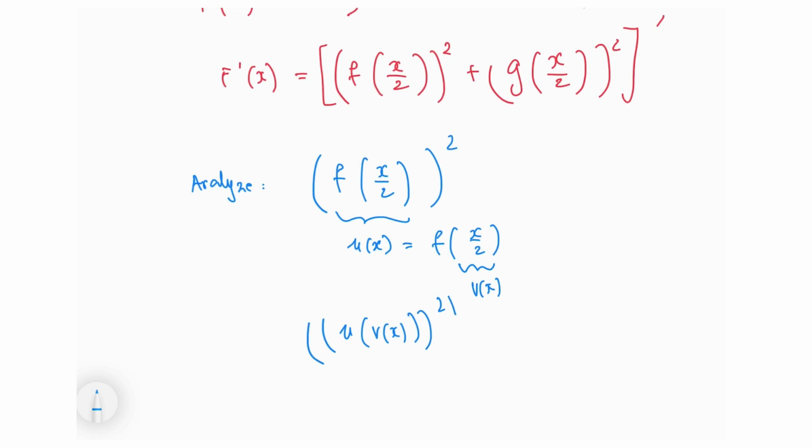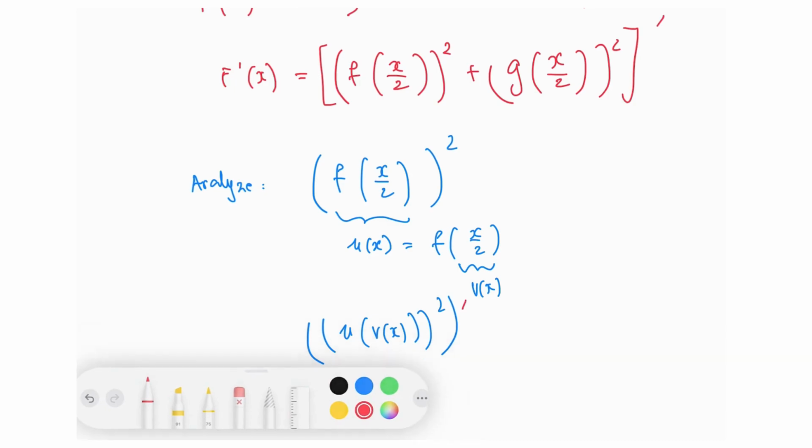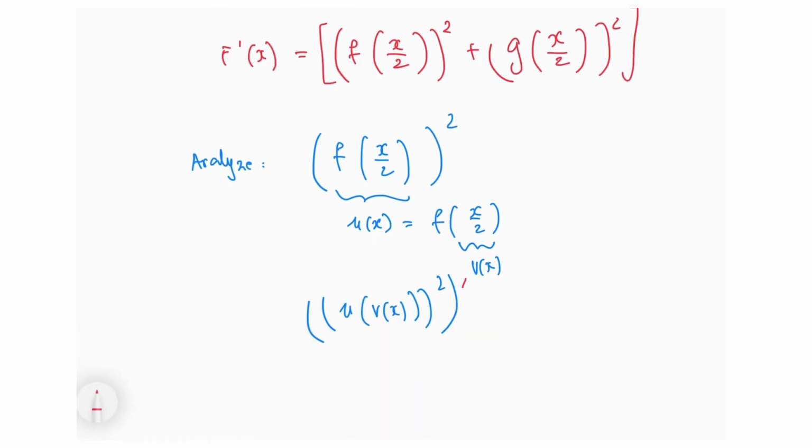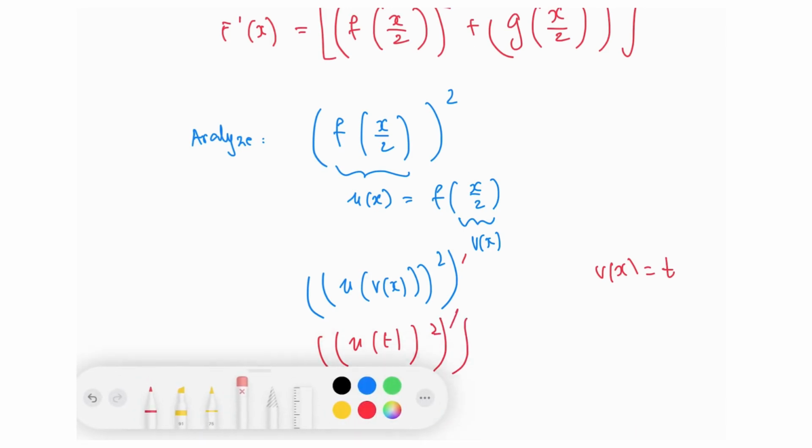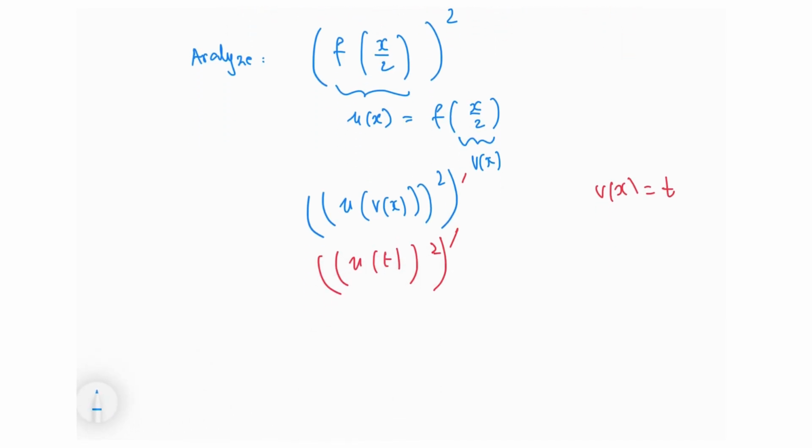So how to find the derivative of that? Let us just put v of x equals t for the moment, so that we have u of t squared and then prime. So that will be 2 times u of t times u prime.